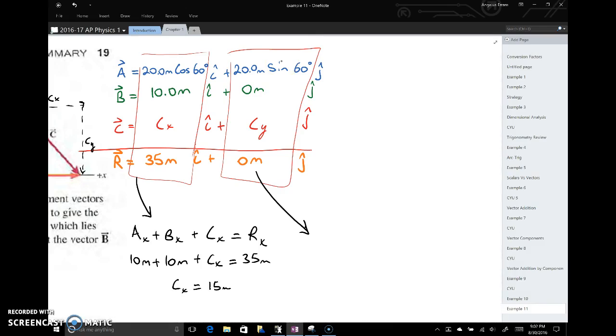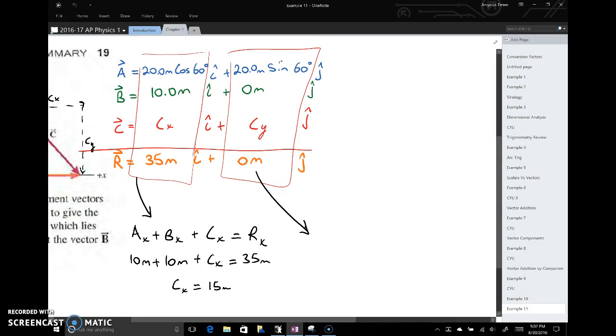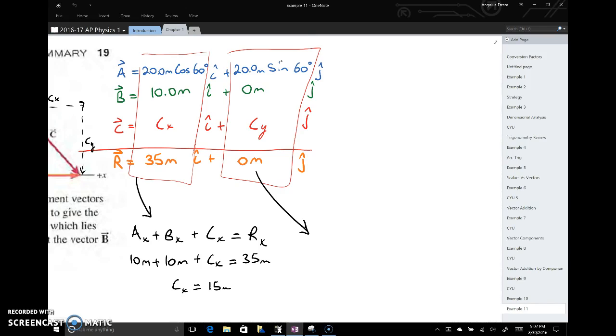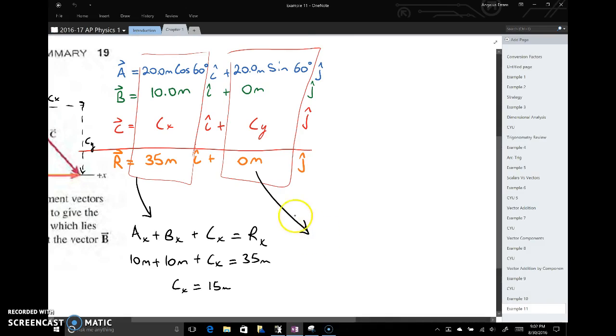Root 3 over 2. So we'll have 10 root 3 meters, plus 0 meters, plus cy needs to be equal to 0 meters. So we can see the solution to this is pretty straightforward.